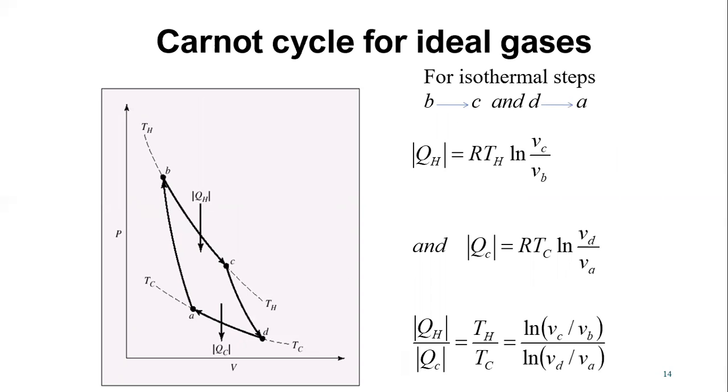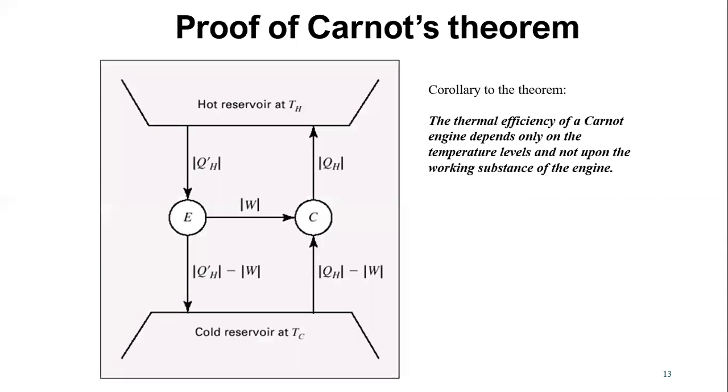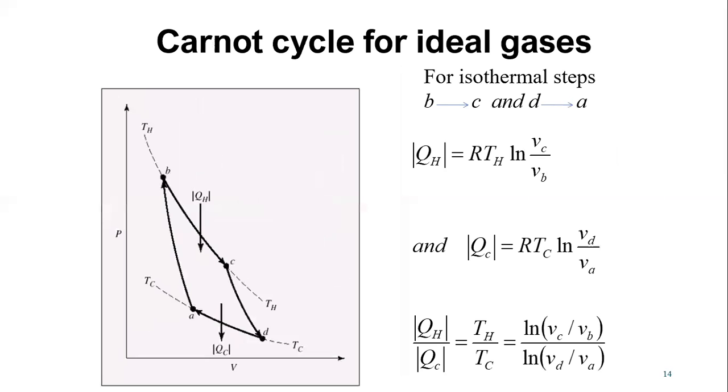So let's look at the Carnot cycle for ideal gases. Just like this diagram showing the movement of the process between QH and QC and the different temperatures involved, TH and TC, coming back to TC, this is our cycle. From B to C and D to A, these are our isothermal steps.